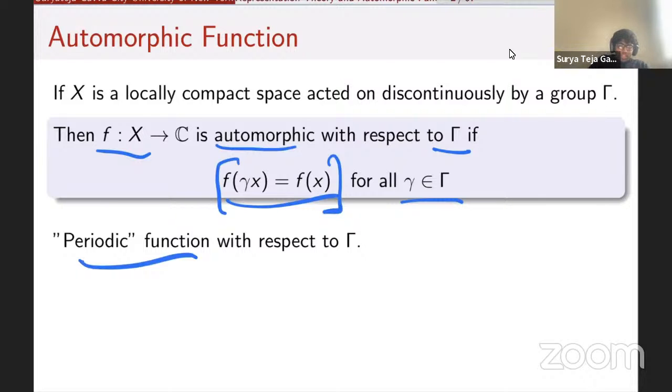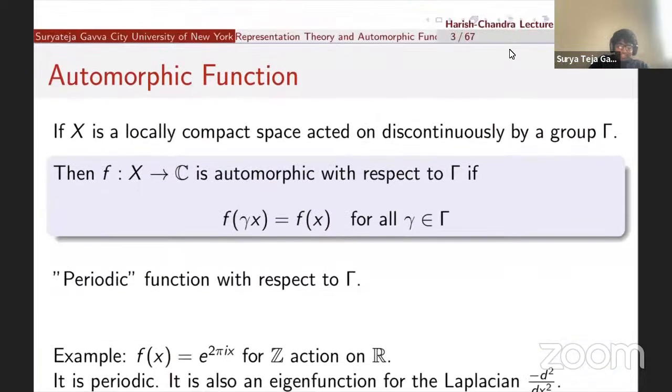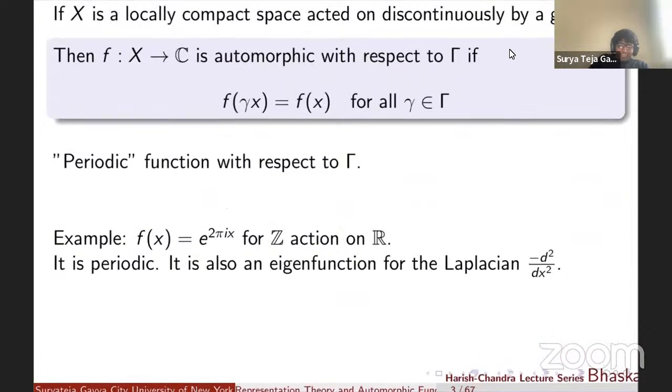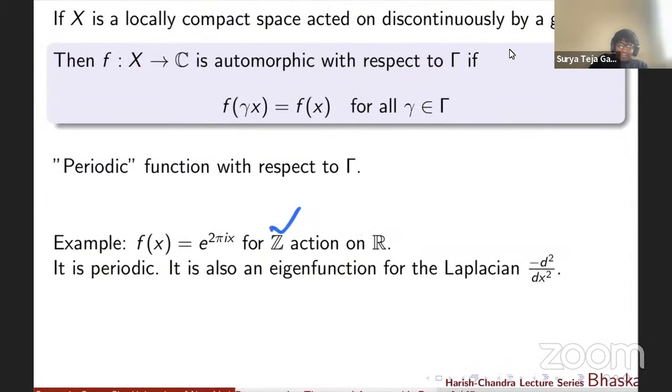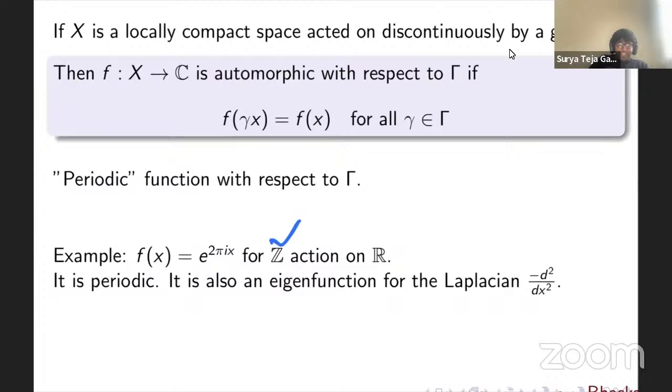For instance, if the space is R and the discrete group is Z, a function like e to the 2 pi i x is a periodic function. It's invariant under Z, so you could call it an automorphic function.